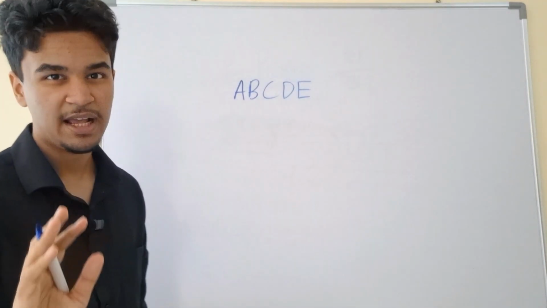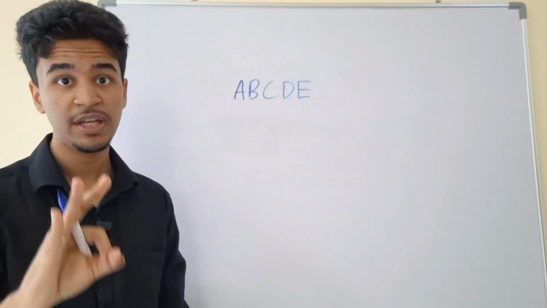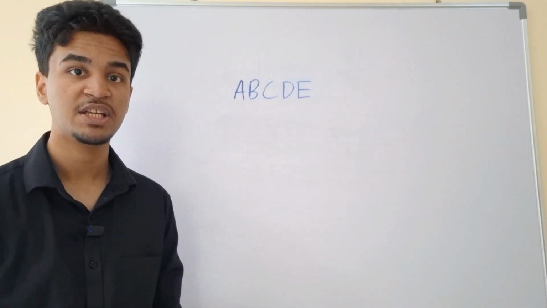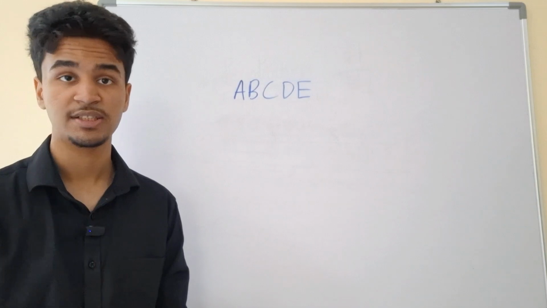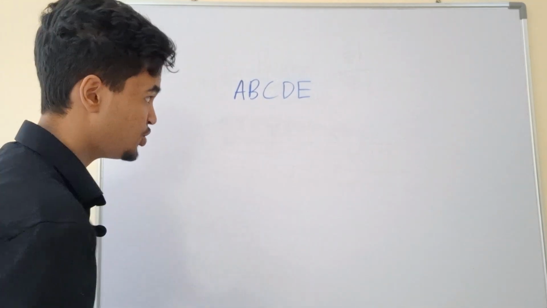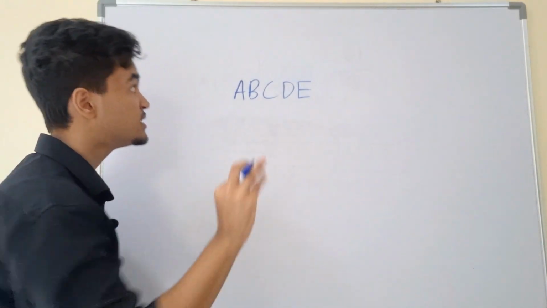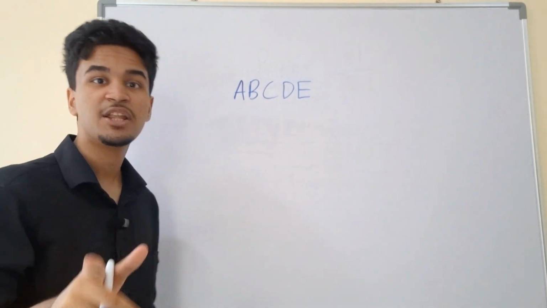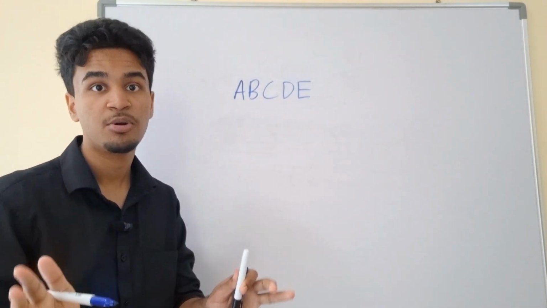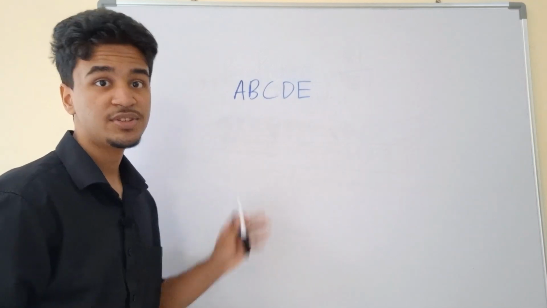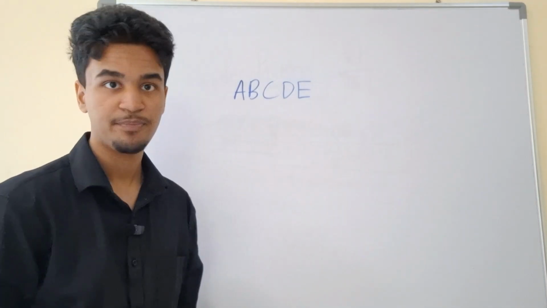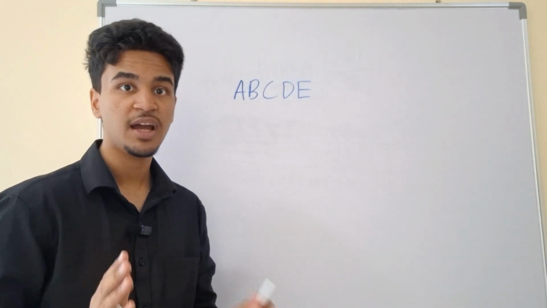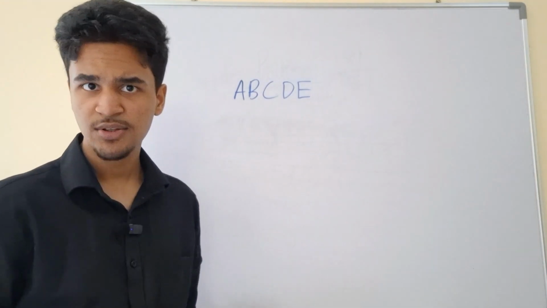Now if the question asks you to choose 3 letters from this arrangement and then find the number of permutations of those 3 letters, this basically means that you want to choose 3 letters from the 5 letters we have, and then find the number of ways you can arrange those 3 letters within this word. So that means 2 letters are going to be fixed in their position, and then the other 3 are going to be jumbled. So let's look at an example.